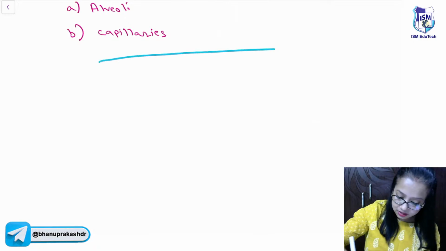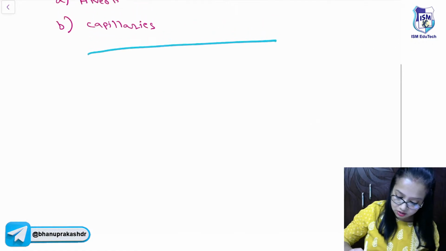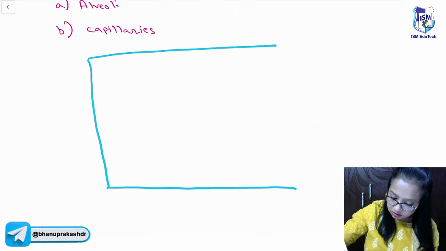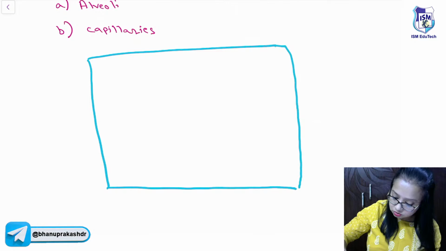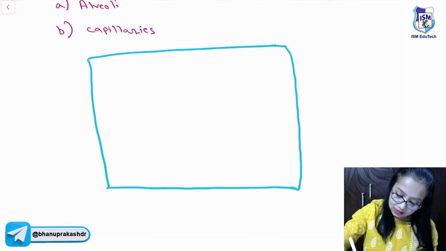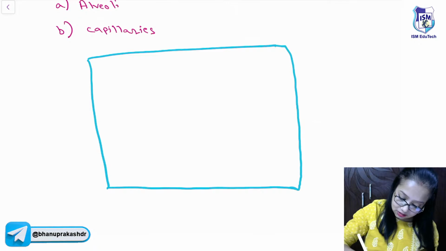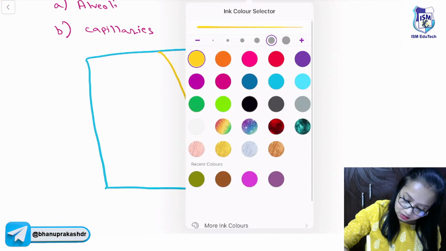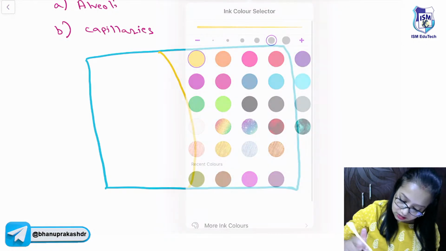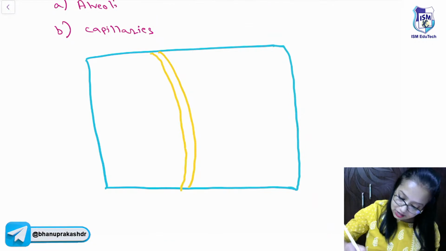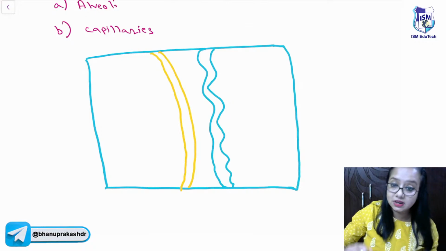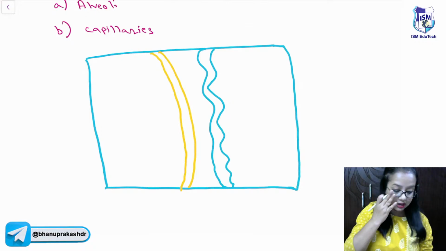To understand the respiratory membrane in a simplified way, we draw it in a box, layer by layer, for our understanding. This is a portion of the alveoli. Say this is the layer of the alveoli, which is in contact with the endothelial layer of the capillary, because we know the capillary is made up of only one layer of endothelial lining.